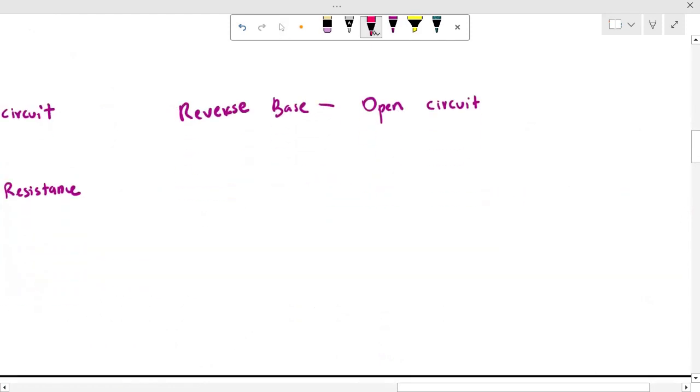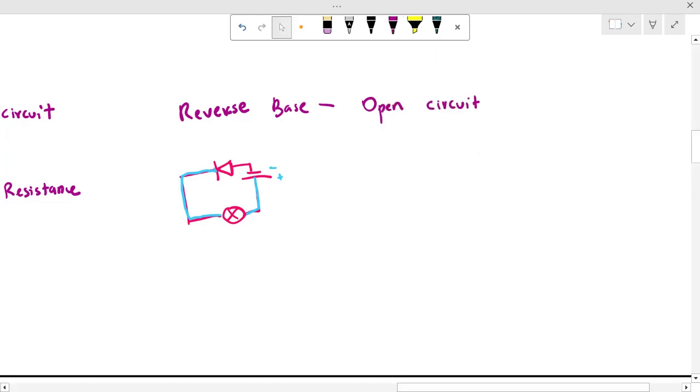Let me draw a full circuit, just to make it easier. In this circuit, we have positive and negative over there. So the current will leave the battery, and then, as mentioned before, it can't enter the diode, it gets stuck.